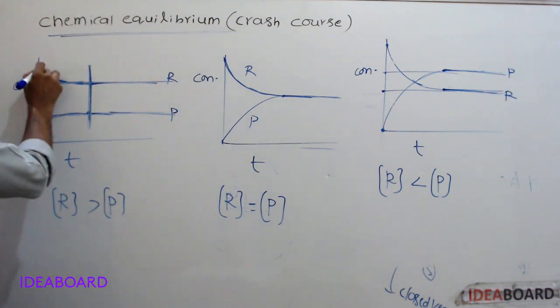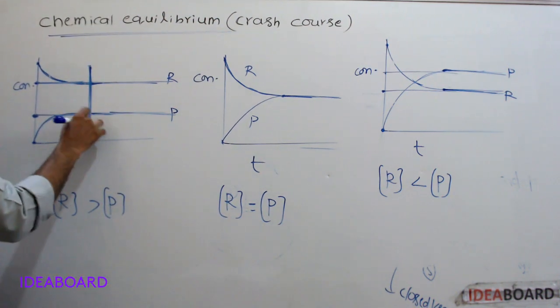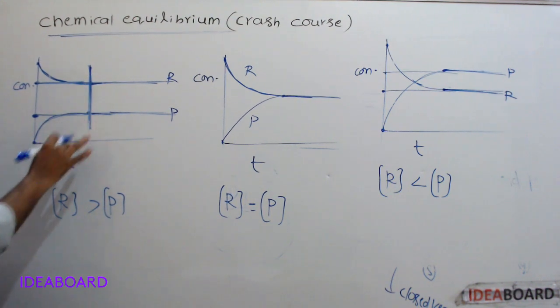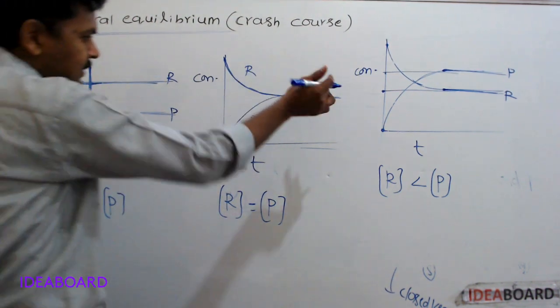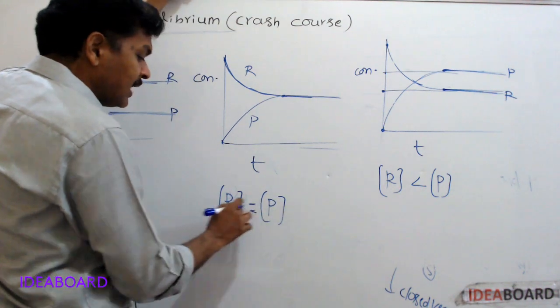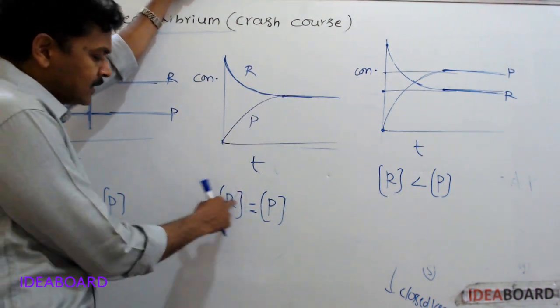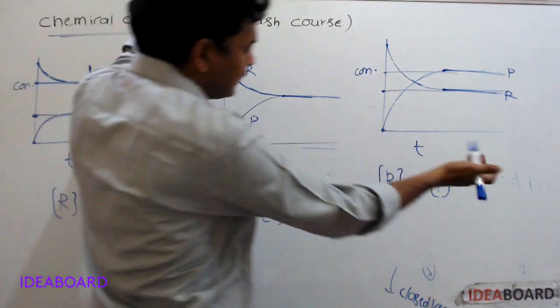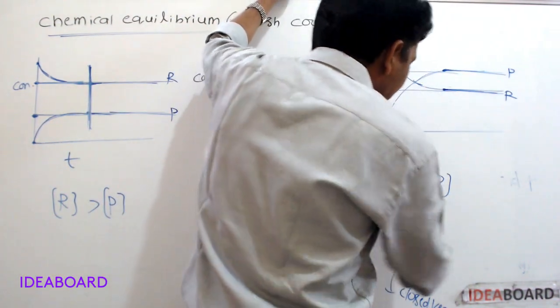See here, after reaching this equilibrium state, the concentration of reactant is greater than the concentration of product from this graph. But here they are equal, so may or may not be equal. Here the concentration of reactant is less than the concentration of products.